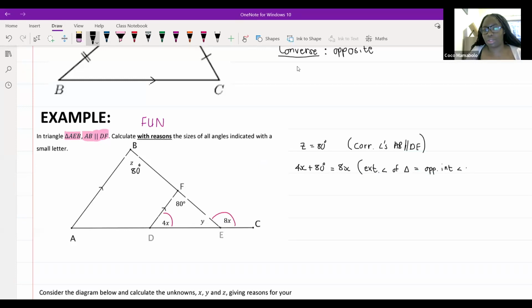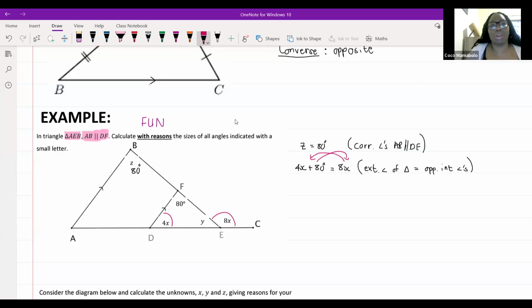Opposite interior angles. And guys, this is grade 8. We must know this. Now we can solve for x. I'm going to give you 1 minute to solve for x. Thank you, Sally. Beautiful. I'm going to take 8x over to the other side, and then bring 80 over.